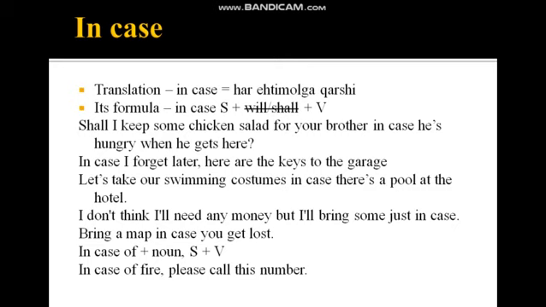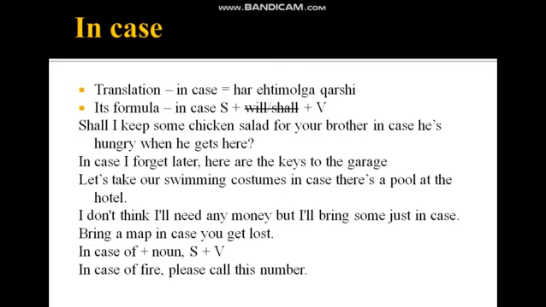And if we are not sure that some action will happen or will not happen, we cannot use will or shall, which mean some action will be held or will happen for 100% sure.